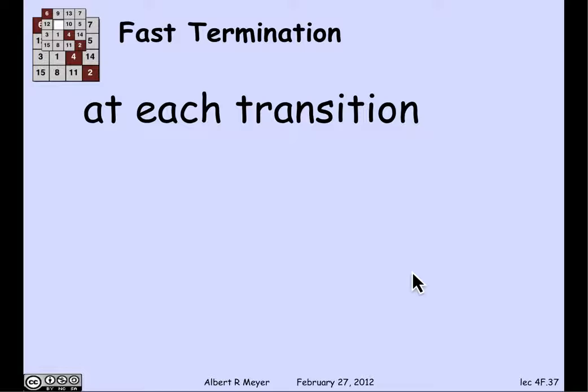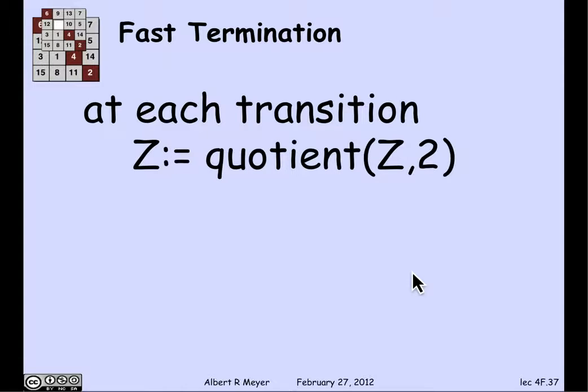Then the other aspect of correctness is termination, showing, in effect, that the function is total, that the program always does stop. Well, in this case, there's an easy way to see why it always stops, because at every transition, z is being halved or more. z is a non-negative integer valued variable.